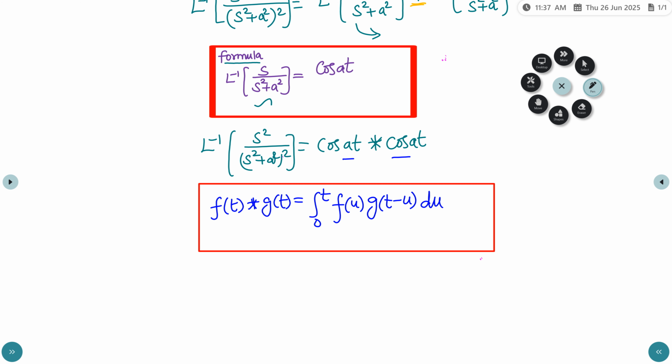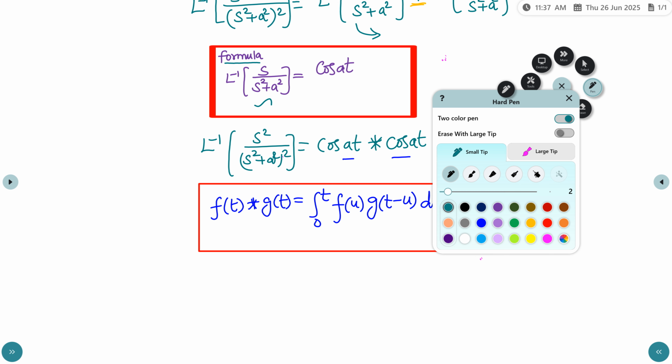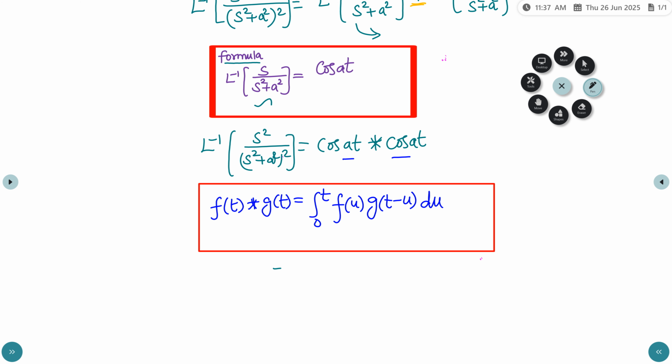In the first function t is replaced by u, so we get cos au. So the integral from 0 to t, in the first function instead of t we put u. Then in the second function cos a t is replaced by cos a of t minus u, so instead of t we put t minus u, with integration with respect to u, into du. We are eliminating this convolution star by integrating the two functions.